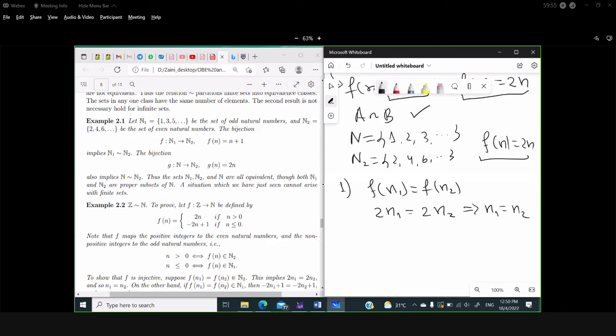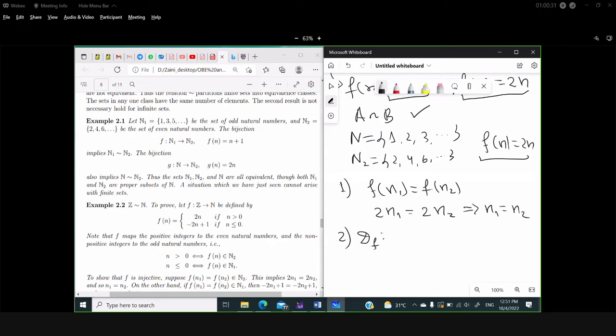This function is an injective function. Now, what about surjectivity? Actually, this function f maps from N, so what is the domain and range of f? Please help me.